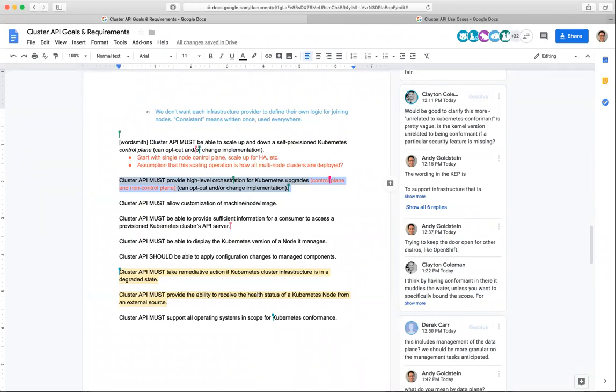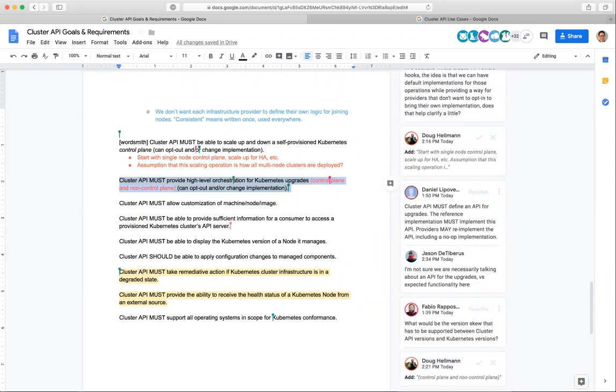Oh, I need to do the control plane first, and then I can go do the non-control plane nodes. It's meant to be a generic requirement to cover that. Okay, so in the use cases we would expand on whether I potentially have two different pools of nodes that might be running two different versions. Yeah, and this also is not prescriptive about in-place upgrades versus rolling replacement upgrades.